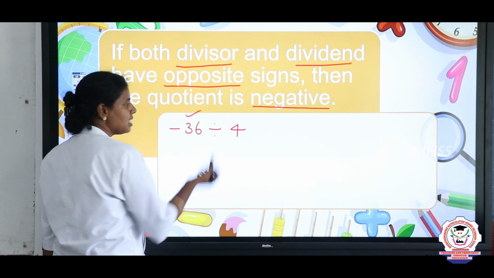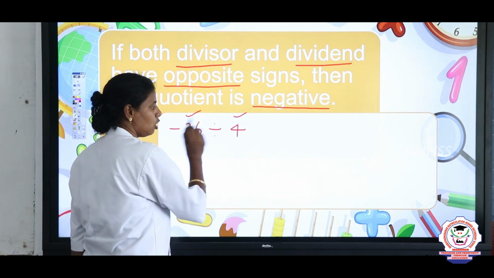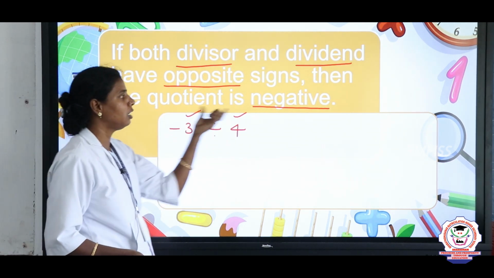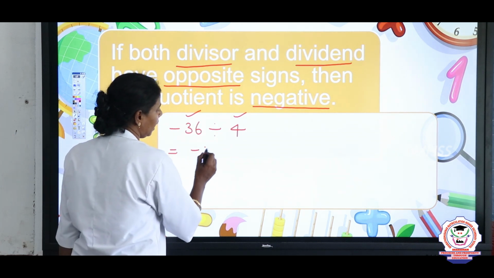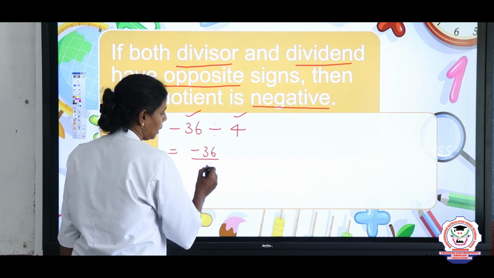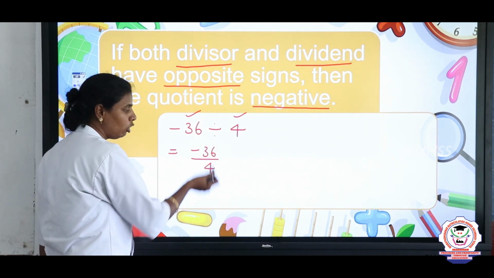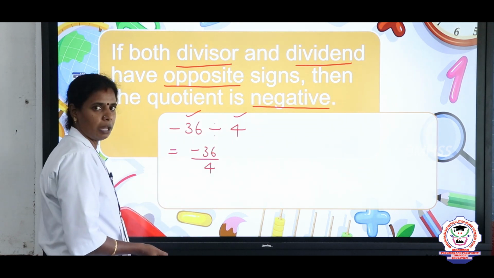See, the dividend is a negative integer and the divisor is a positive integer. Opposite signs, positive and negative. And what will be the quotient? The quotient is negative. So how will the quotient be negative? Minus 36 divided by 4.